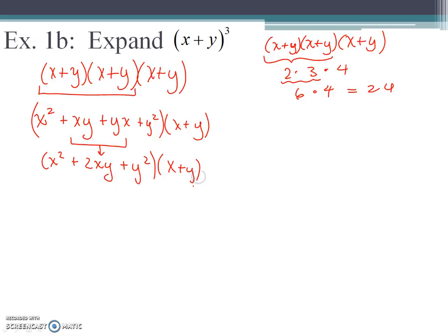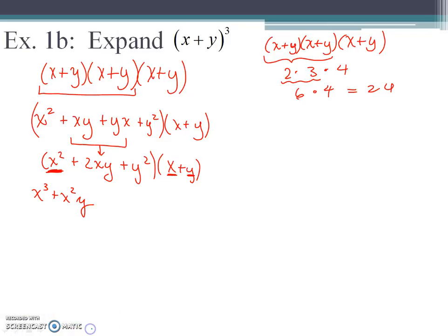Now, we need to keep track if we're going to multiply this trinomial times this binomial. So I'll stay red for my first term. What you want to do is distribute your first term into this binomial. So I'll take x squared times x, and then x squared times y. So I get x to the third plus x squared y.